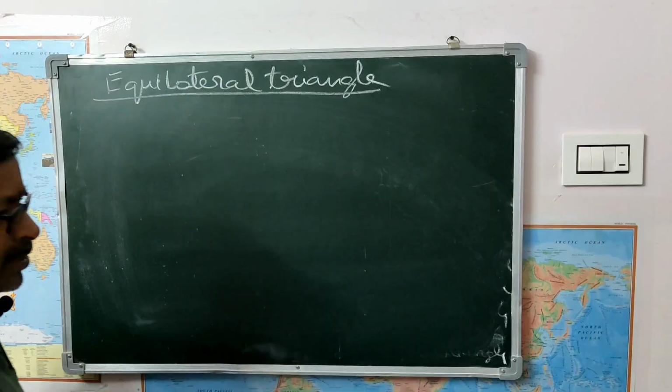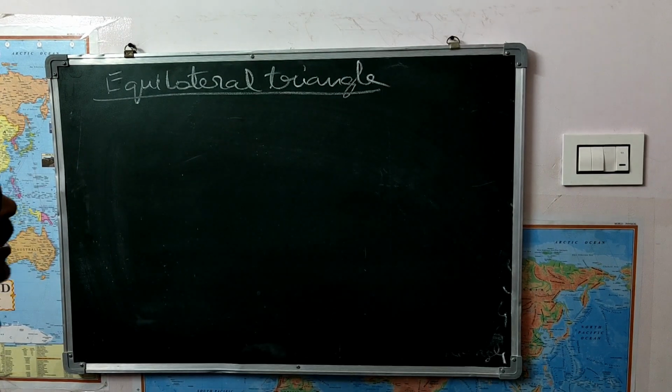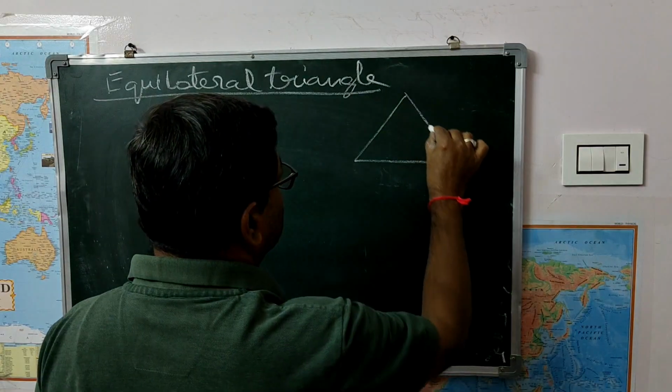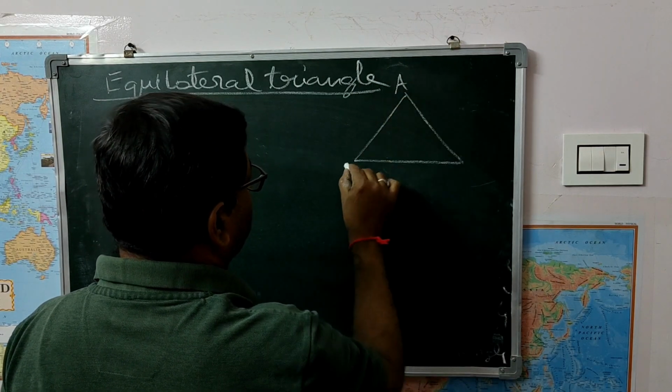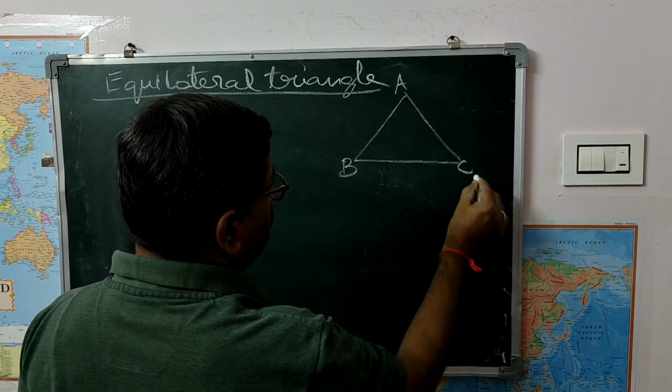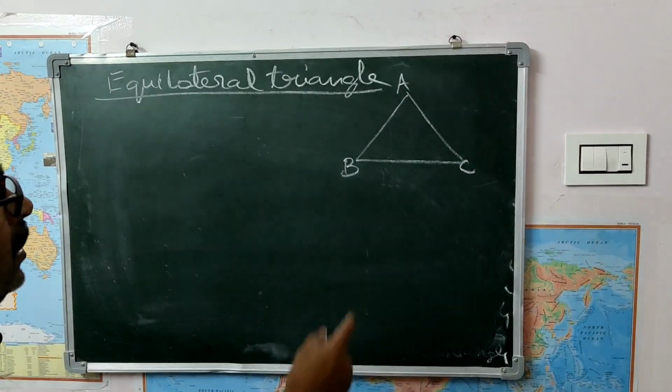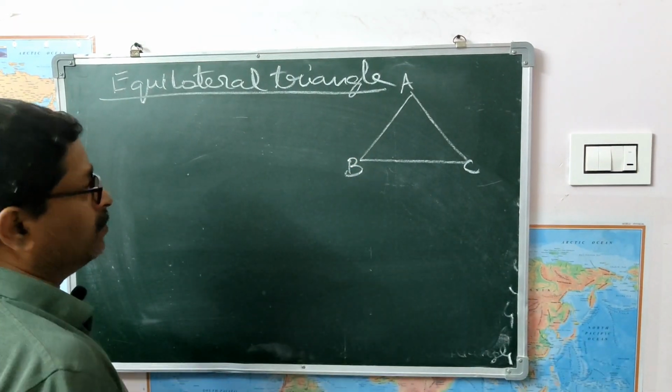What is an equilateral triangle? A triangle in which all three sides are equal. A, B, C can be called an equilateral triangle if the three sides measure the same.